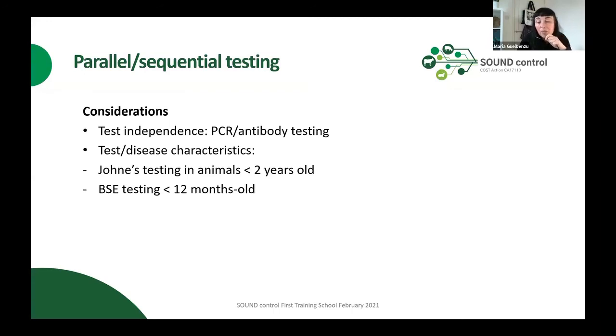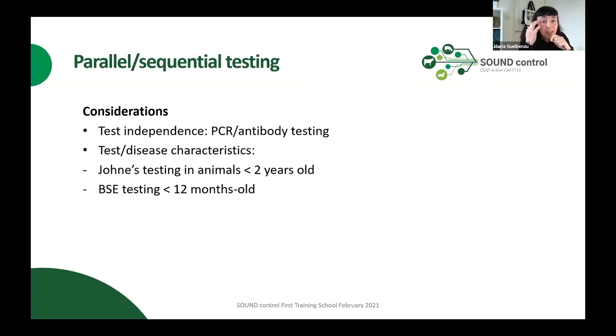And then we really do need to have an understanding of both the test and the disease characteristics. For example, we know that Johne's disease or paratuberculosis doesn't normally manifest clinically in animals under 2 years old, and we're very likely not to find any antibodies or indeed any cultured pathogens.